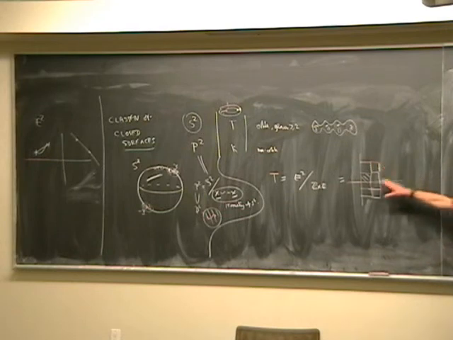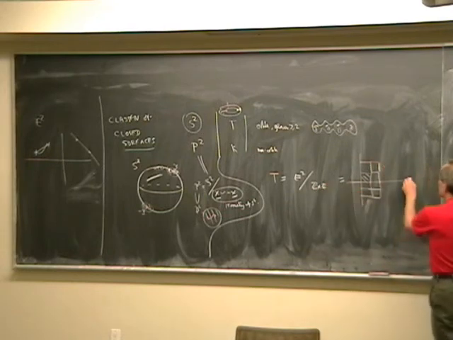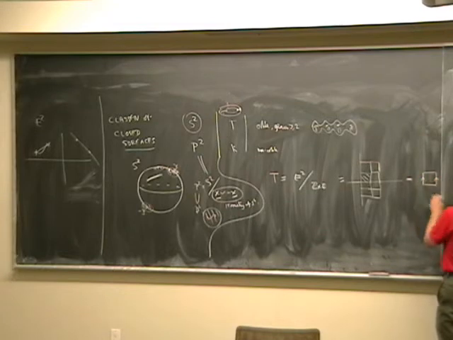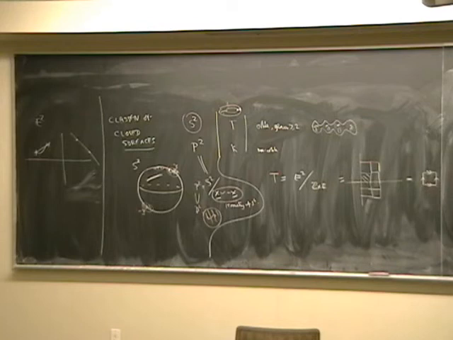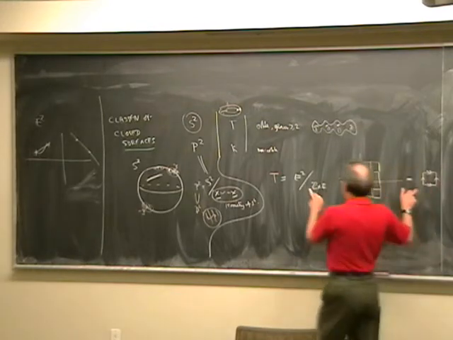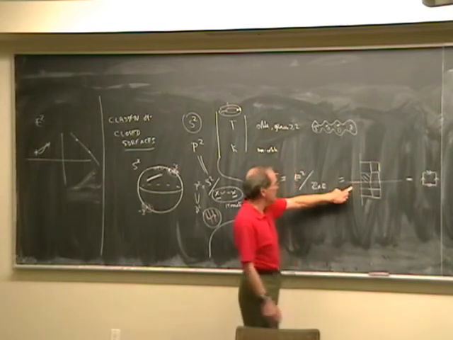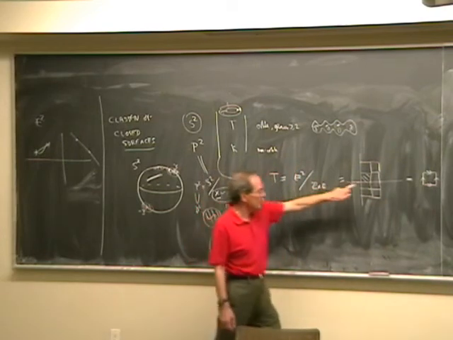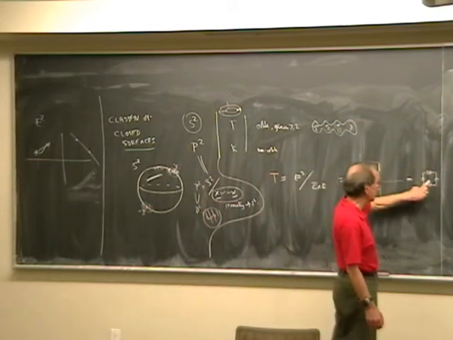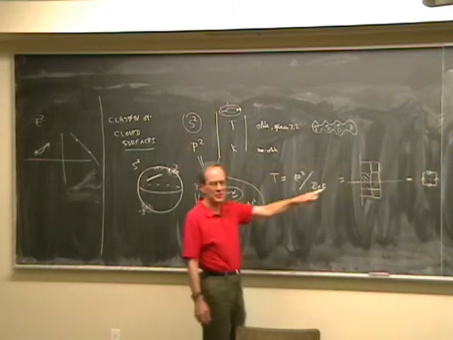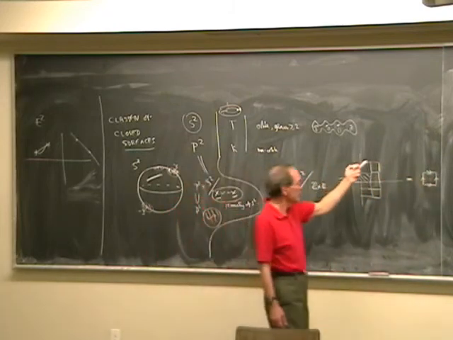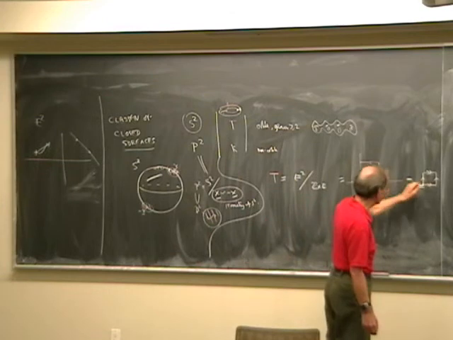If I take a quotient of the plane by this group action, it's the same thing as taking one square and gluing the left-hand edges together and the right-hand edges together. I'm sorry, the top and bottom edges together. But this picture is a much better way of thinking. This description is much better than that, because if you define a torus that way, it's not obviously homogeneous. You have to say it's a surface because of what's happening at the vertices.